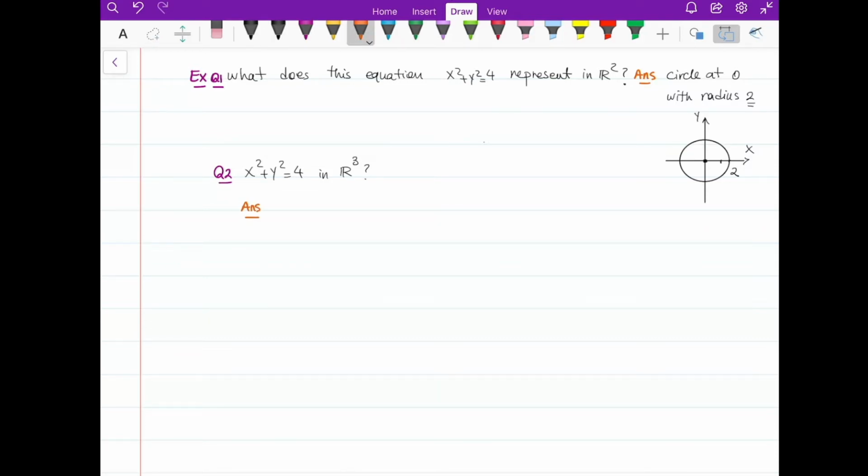The answer for this: x, y, and z. I have a circle of radius 2 in here, but since z is free, I can move up or down.